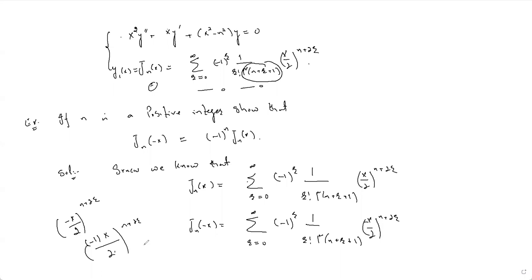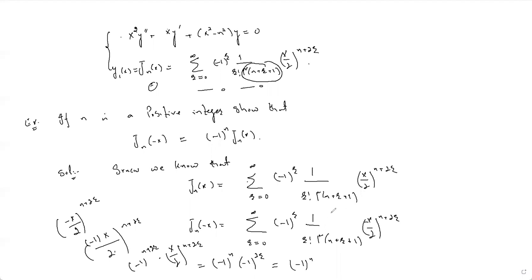Yes, we can. So I will write this as minus 1 raised to power n plus 2r times (x by 2) raised to power n plus twice r. Then this will be equal to minus 1 raised to power n into minus 1 raised to power twice r. Minus 1 raised to twice r is always positive. So this will be simply equal to minus 1 raised to power n.